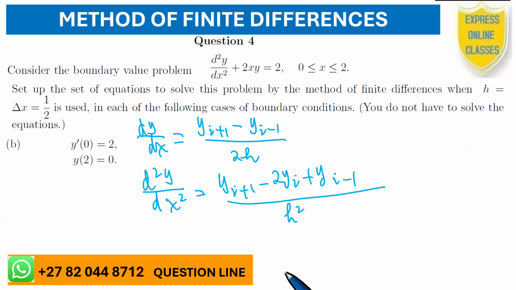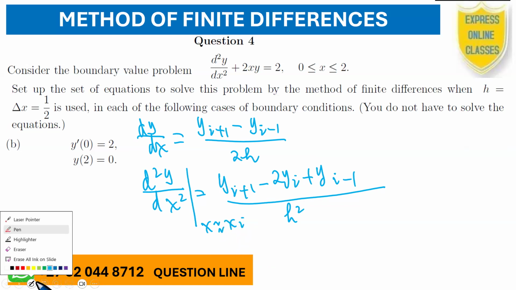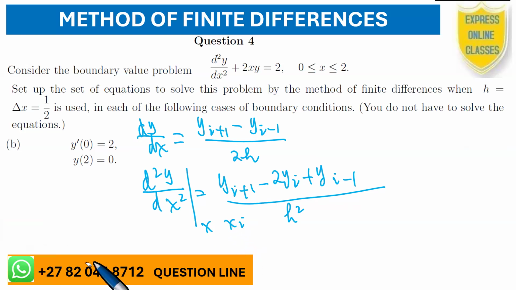So in principle, we say that this is when x is computed at x equals xi. Can put an equality here. Okay, these are just the formulas that I'm stating together, so that obviously we used them already today, but you need to just remember them. And then this one is x equals xi. Exactly this way.